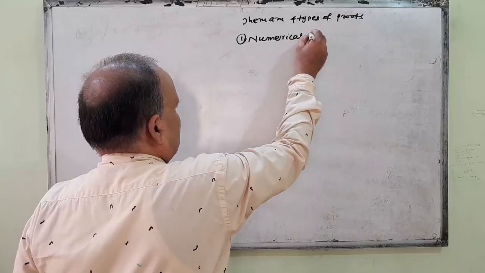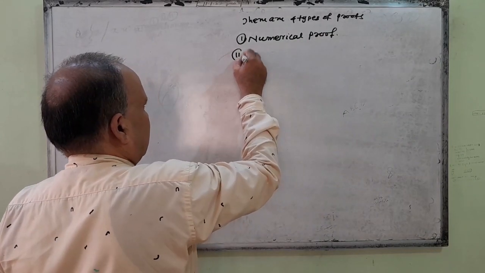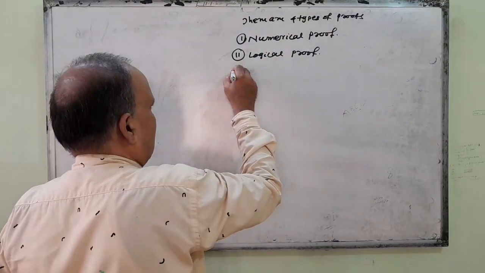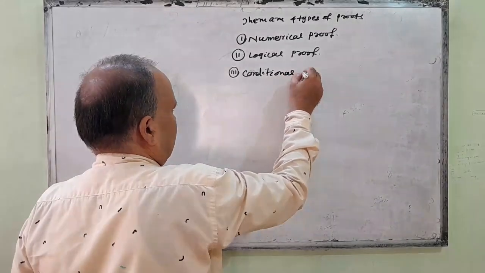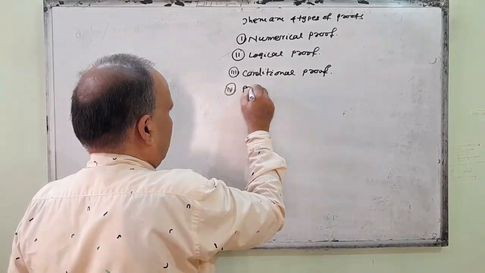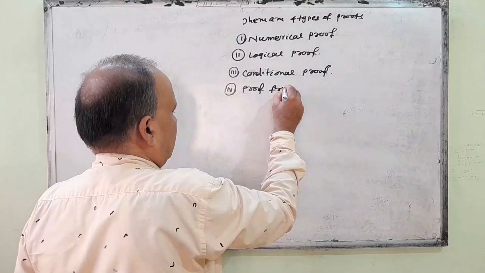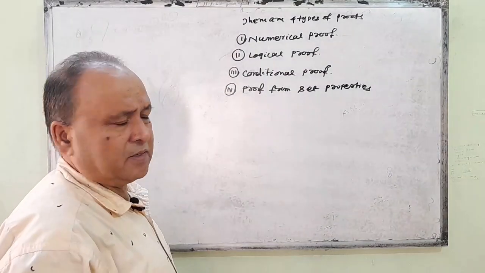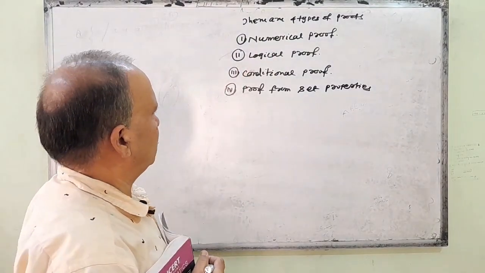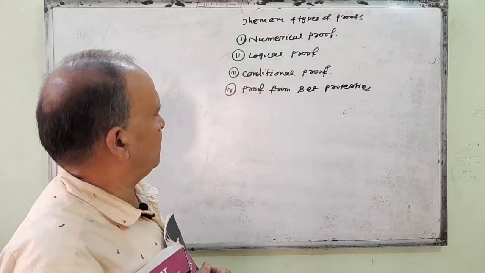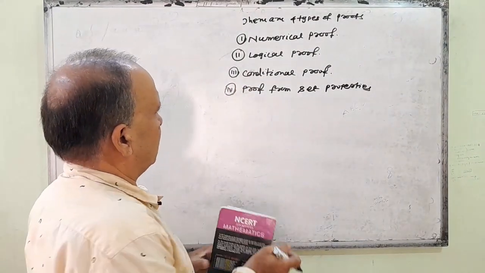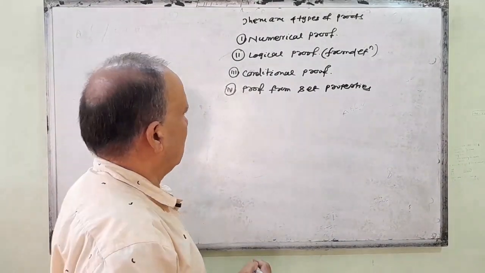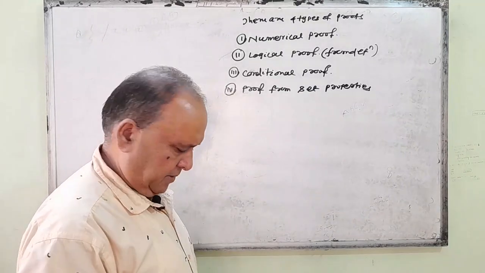One is numerical proof, second one is logical proof, which you can say is from definition, third one is conditional proof, and fourth one is proof from set properties.